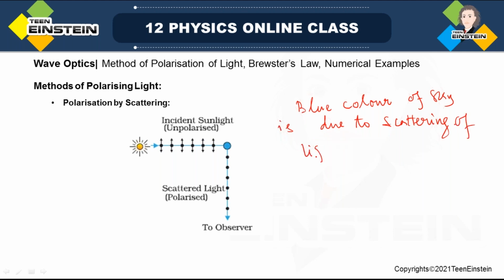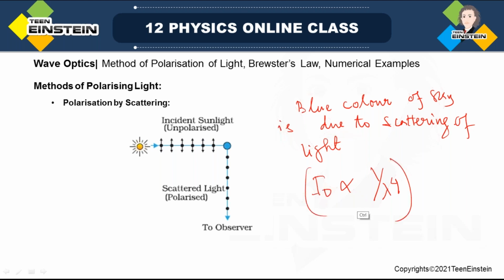Scattering of light, and actually the degree of scattering varies inversely proportional to 1 over lambda to the power 4. Okay, scattered intensity depends like this.